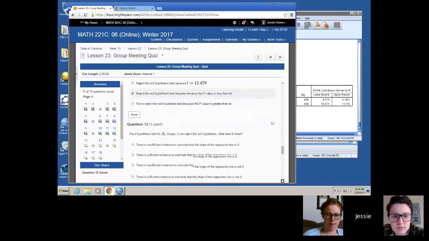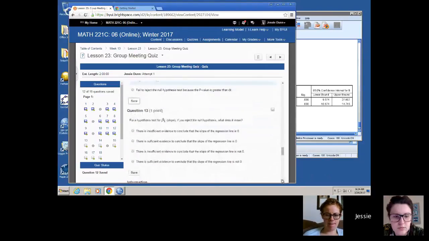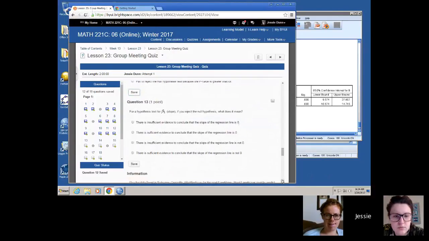For our hypothesis of the slope, if you reject the null, what does it mean? Well, if you reject it, that means we have sufficient evidence to conclude the slope of the regression line is not 0.